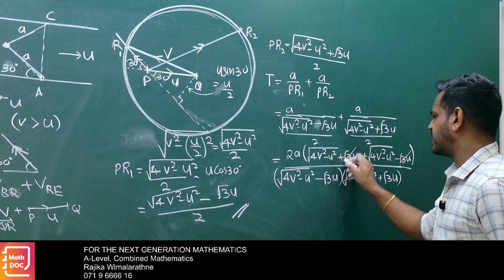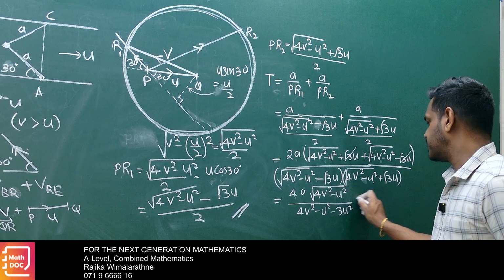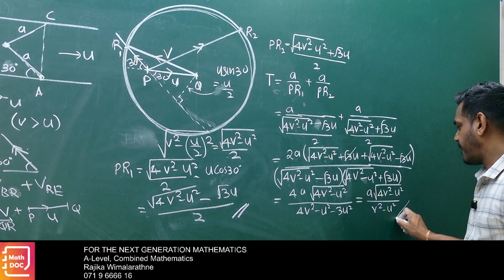Then you can simplify, no? Then here double, then 4A root of 4V squared minus U squared. Then here 4V squared minus U squared minus 3U squared. Then you can cancel. Root of 4V squared minus U squared divided by V squared minus U squared.